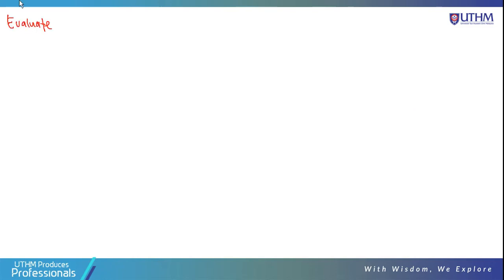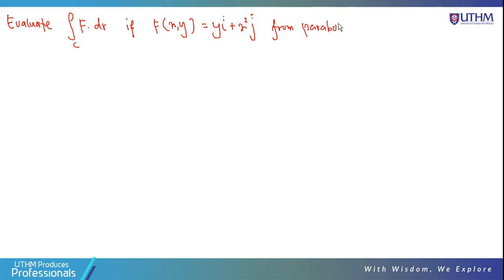Evaluate the line integral of the vector field F dot dr over C, if the given F(x, y) equals y i plus x squared j, forming a parabolic curve.